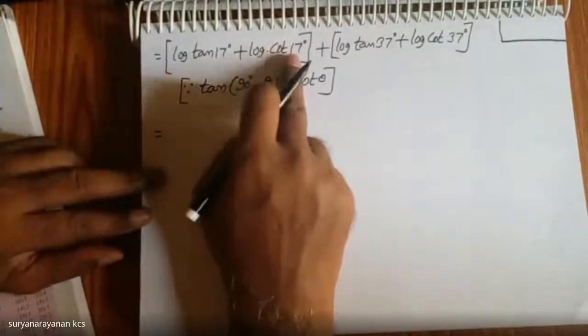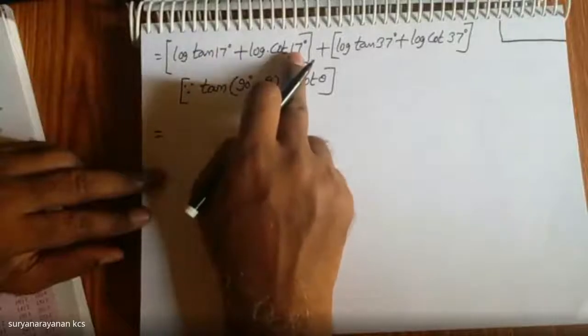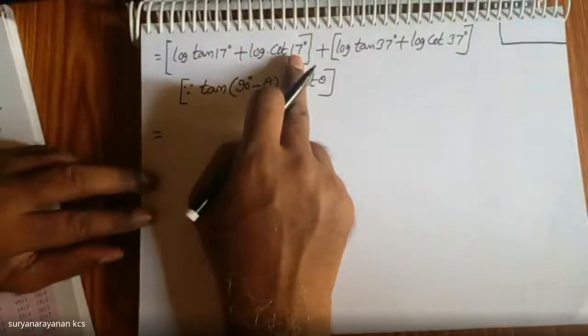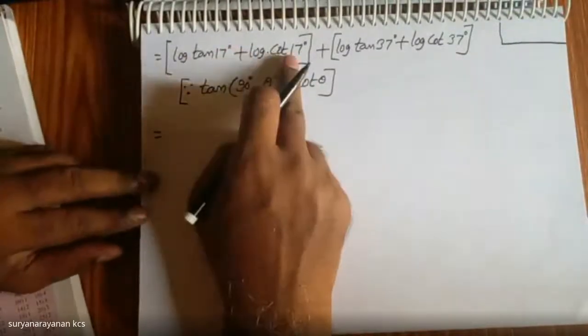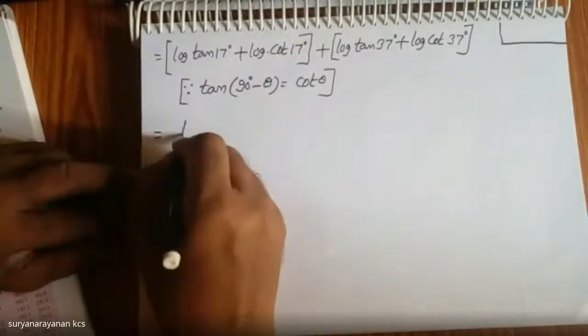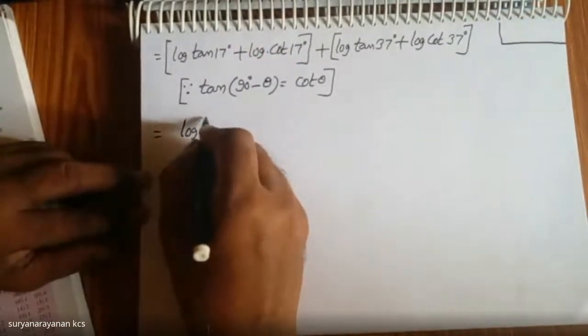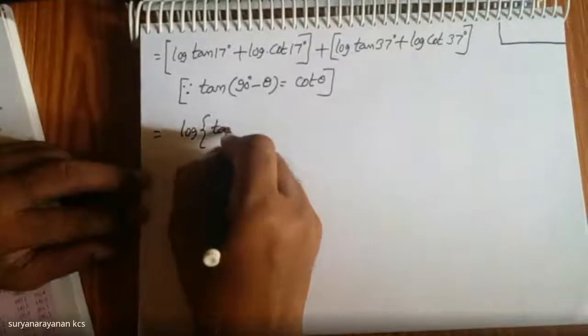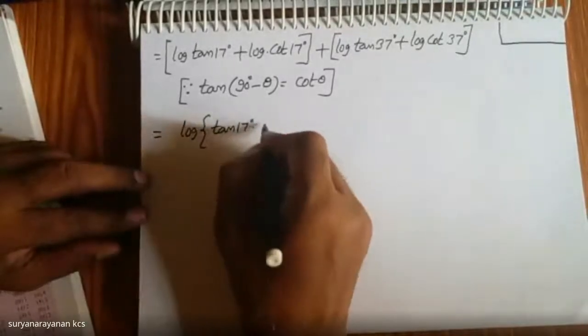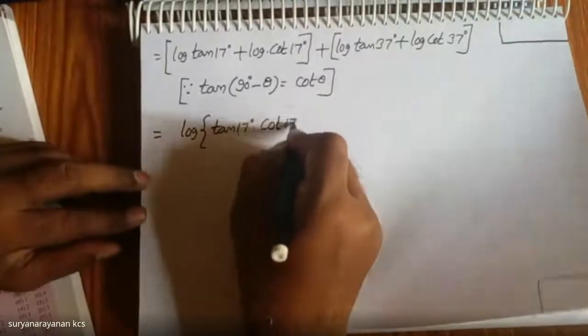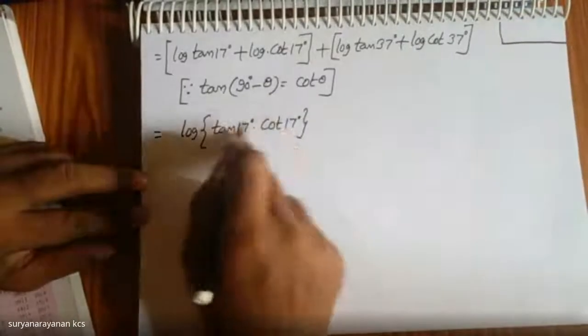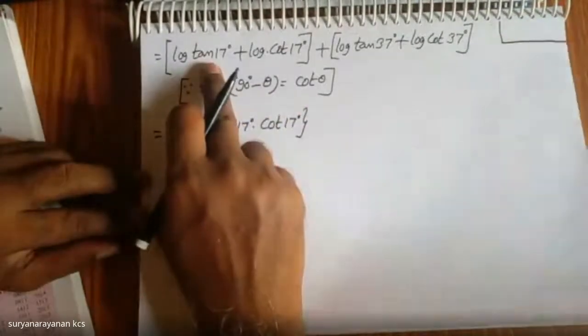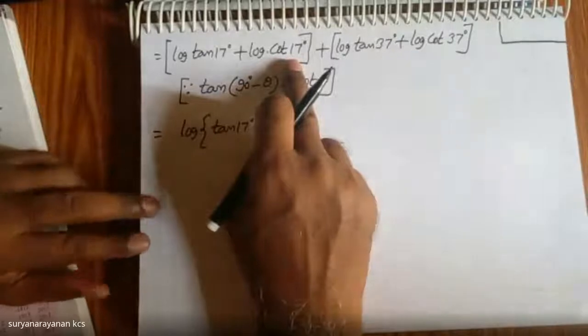These are in the form of log A plus log B. There is a logarithmic formula: log A plus log B is equal to log AB. So log of tan 17 degrees into cot 17 degrees, where A means tan 17 degrees, B means cot 17 degrees.